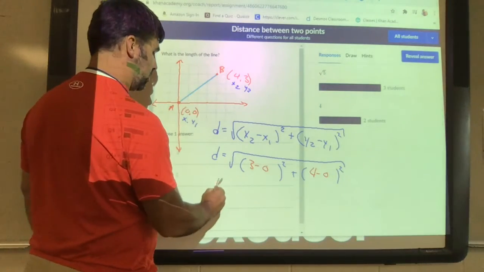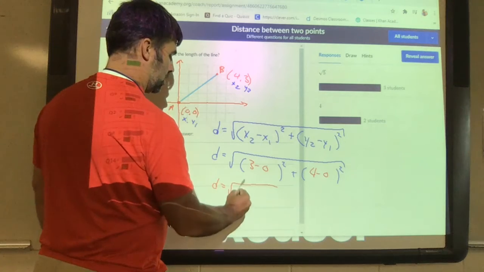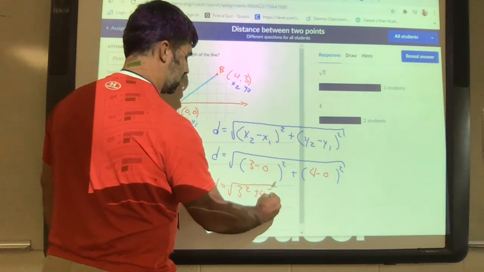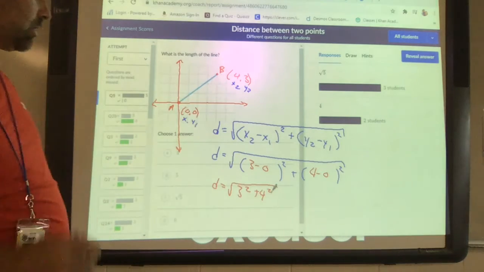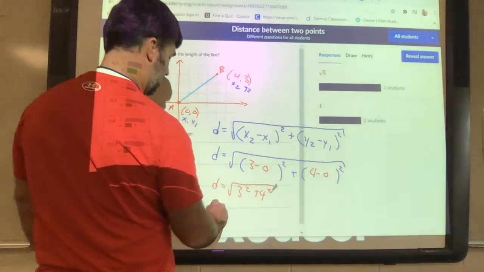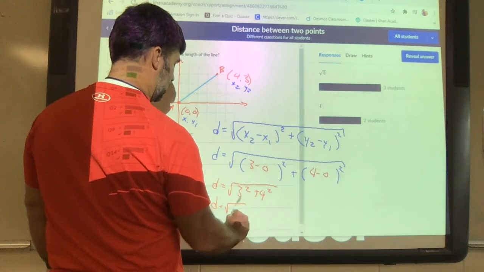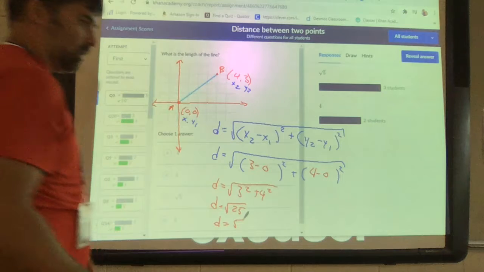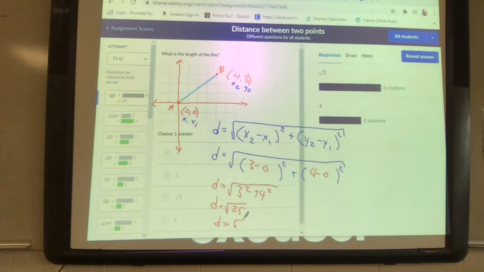That's why we make it 0, because it's just easier. So that's your 3 squared, right? 4 minus 0, 4 squared. Just like we did with the Pythagorean theorem in the triangle. You're going to get the square root of 25. So if you want to get 5 that way, you can get 5 that way.